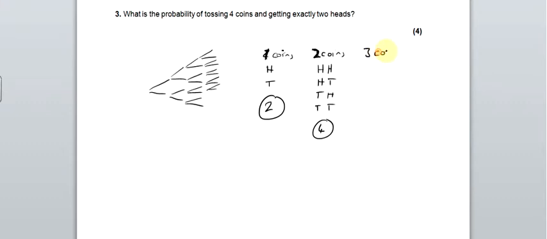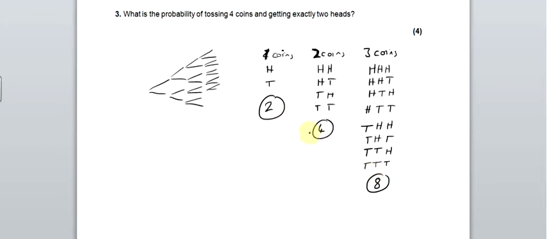3 coins. Okay, so we've head head head, head head tail, head tail head, head tail tail, tail head head, tail head tail, tail tail head, and tail tail tail. 1 2 3 4 5 6 7 8. 2, 4, 8.